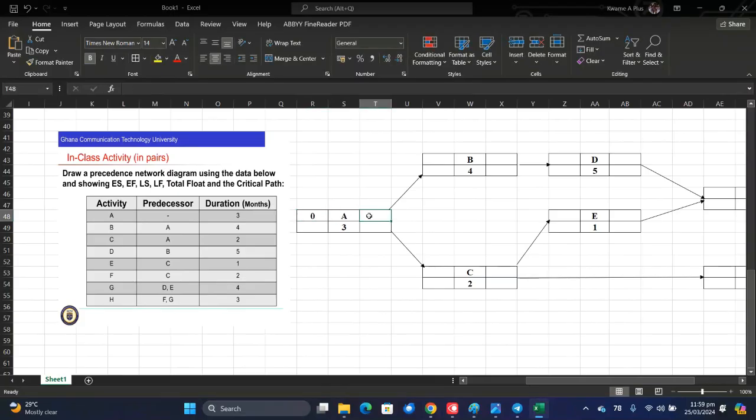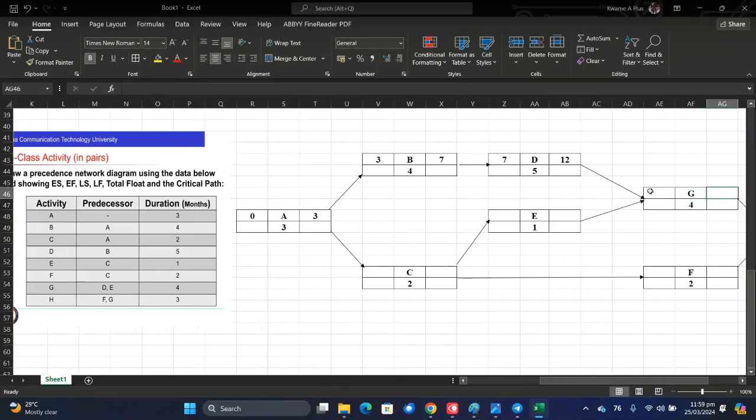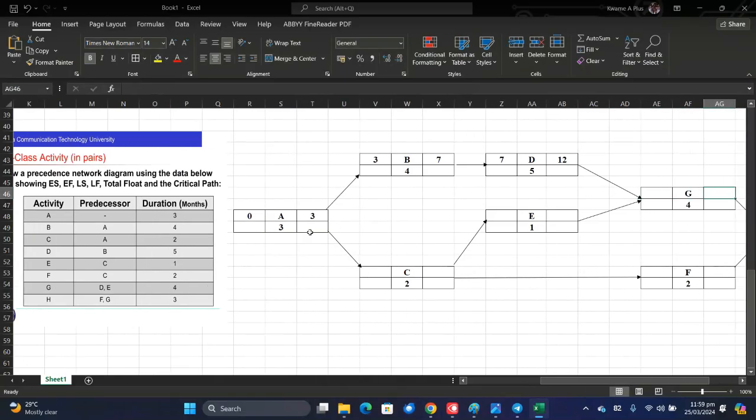So here becomes what? 3, right? And then here becomes what? 3. Here becomes what? 7. Here becomes 7. And then here becomes 12. And let's do this one. Here becomes 3. And here becomes what? Here becomes 5.